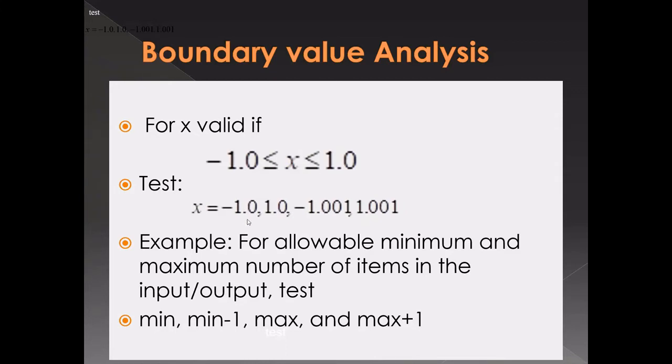So these are the test cases. For example, if it is given, what are the test cases to find out whether the x is actually between 1.0 and minus 1.0, then you take the minimum first, the minimum number itself, and something less than the minimum, the maximum number, and plus 1 or a little more than the maximum value.